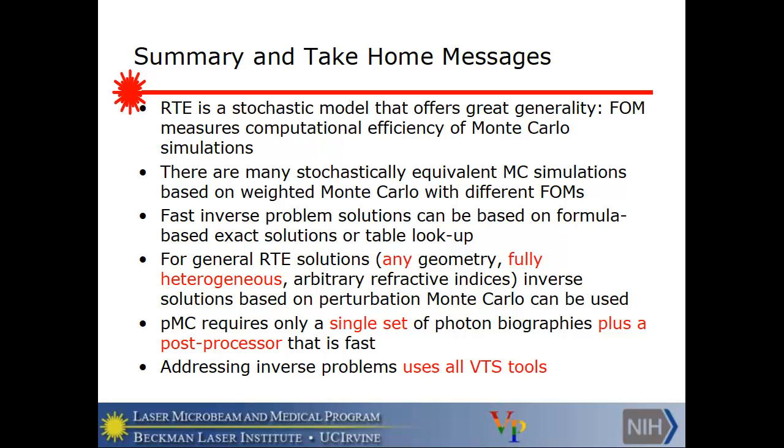RTE is a stochastic model, very general. The figure of merit measures the computational efficiency of Monte Carlo simulations, and as Vasan pointed out, you don't need to run many n values. You don't need to run a lot of photons, since n times the variance is roughly independent of n. There are many stochastically equivalent simulations based on Monte Carlo, and they all have different FOMs.